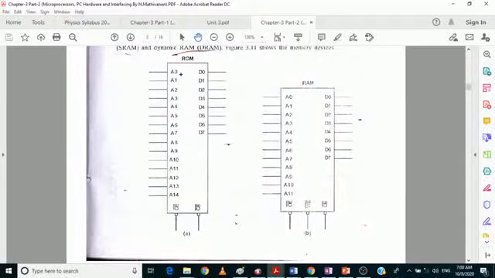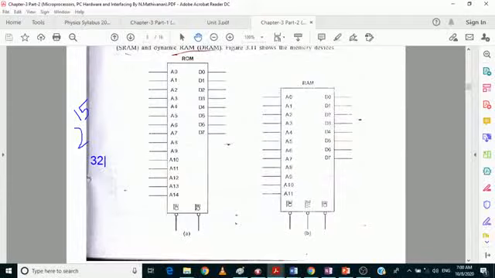In this particular ROM device, I'm assuming the address lines are A0 to A14, which means a total of 15 address lines, and there are 8 data lines. 15 address lines means we can access 2^15 memory locations, which in short is 32 KB.